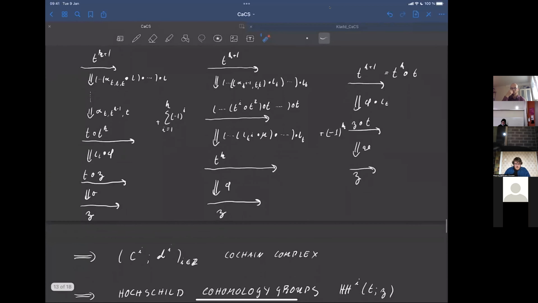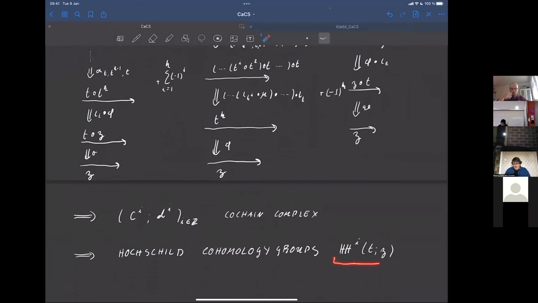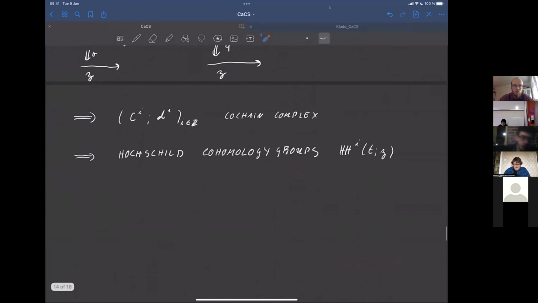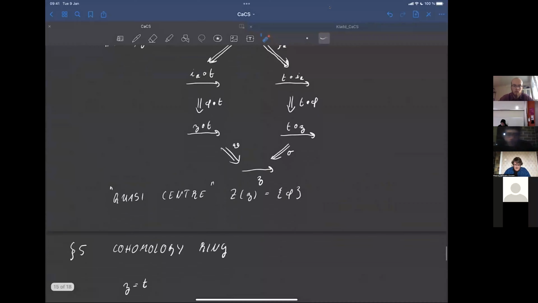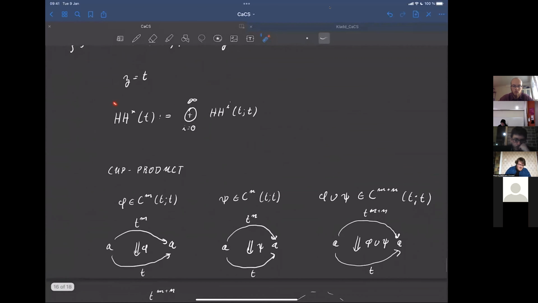This forms a cochain complex, and this is how we define the cohomology groups. I think I'm running out of time now, so let me just mention that you can form a cohomology ring like this by taking the sum of all the groups.